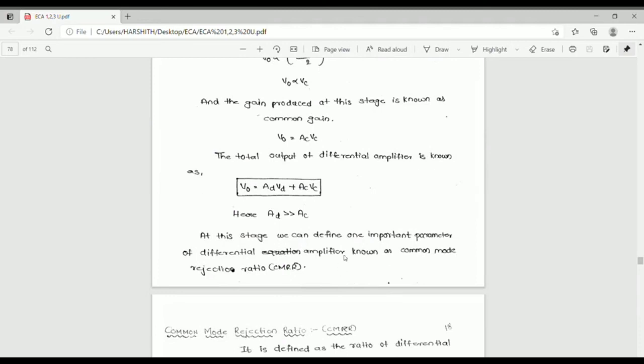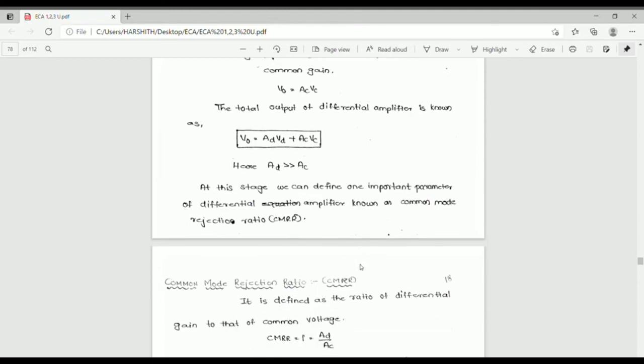In this case we can define one important parameter of the differential amplifier known as the common mode rejection ratio. This is the very important CMRR.